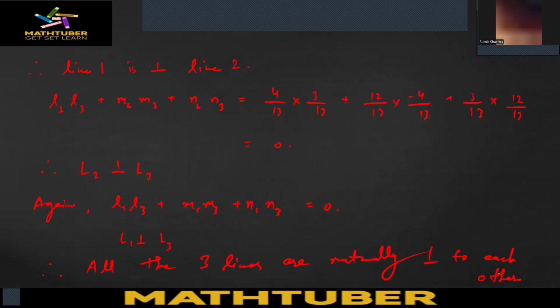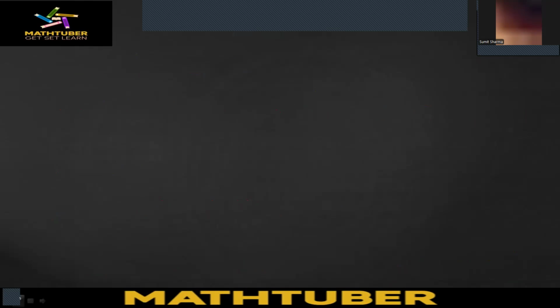So we have to find the direction ratios, and then multiply A1 A2 plus B1 B2 plus C1 C2, like we were doing here with L1 L2, M1 M2, plus N1 N2. That was because we were given the direction cosines. If we are given the direction ratios, we can do the same with direction ratios also.